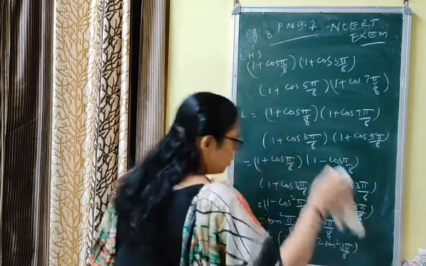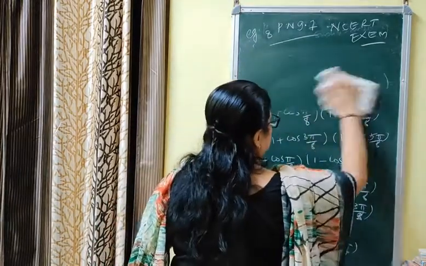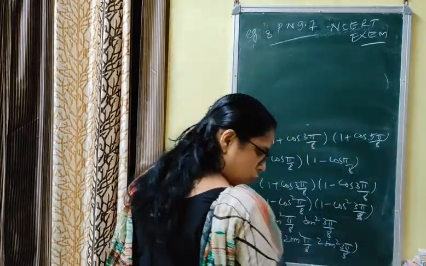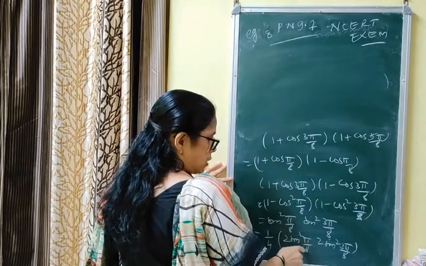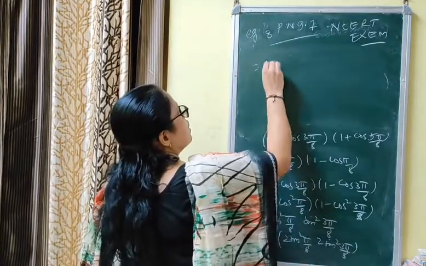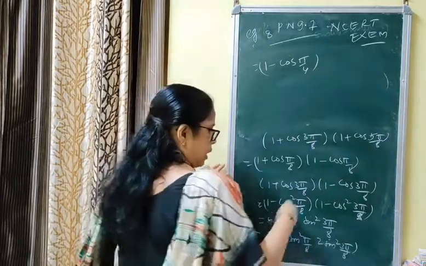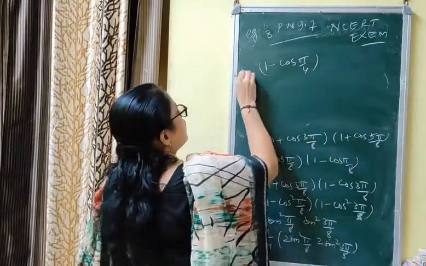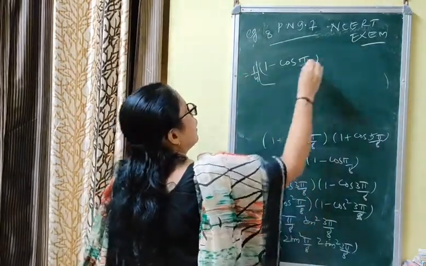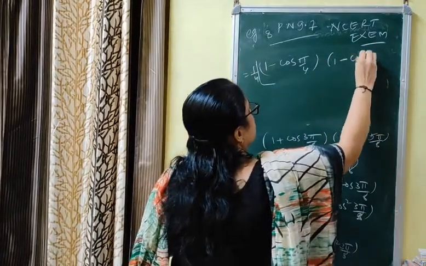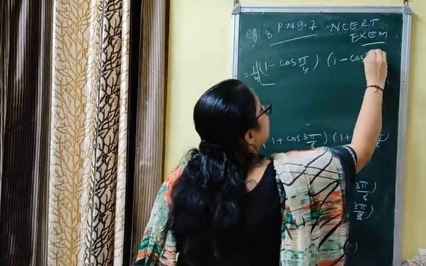You know that 2 sin square theta is 1 minus cos 2 theta. Half of this is pi by 4. That is 1 minus cos pi by 4, that is 2 sin square pi by 8. 1 by 4 is coming here. And here 1 minus cos 3 pi by 4.